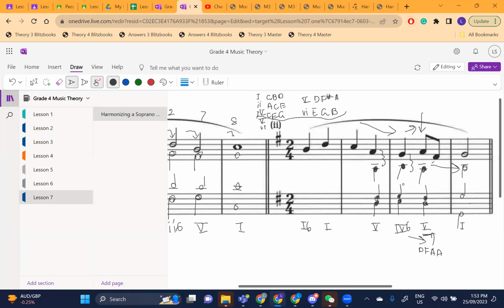I'm going to advise chord 2. 1 to 2 sounds bad only if the soprano is going up. If the soprano is going down, you still have to be careful. Make sure you don't create consecutive fifths between 1 and 2.